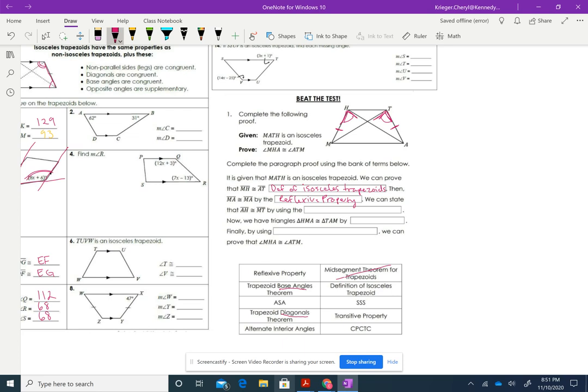So AH, so this is a diagonal, and MT are congruent by the, we just said those are diagonals, so hopefully that's giving you a hint, by using the trapezoid diagonals theorem.